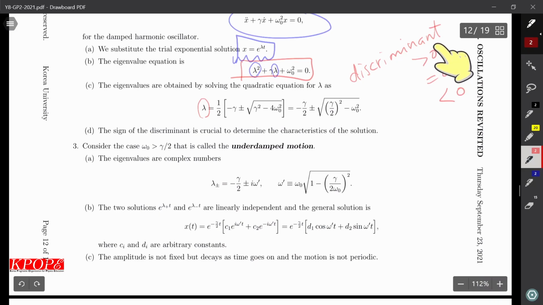If it is positive, we have two real solutions for lambda. And the discriminant means what is inside the square root, which in high school you learned as a capital D. Equals 0, and you have a single real root, so this is a double root.